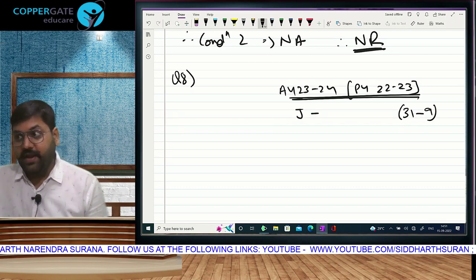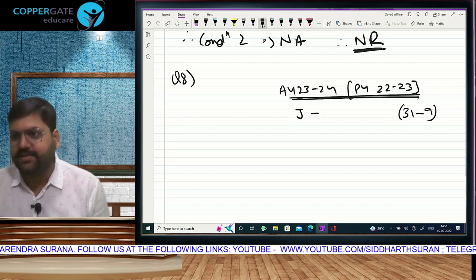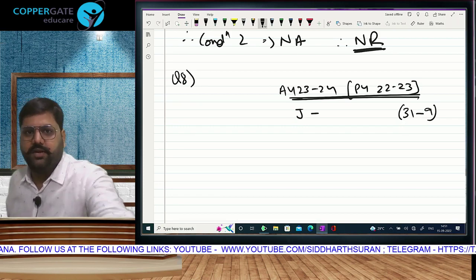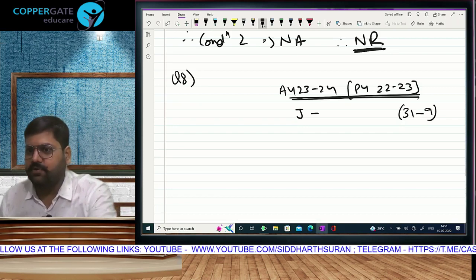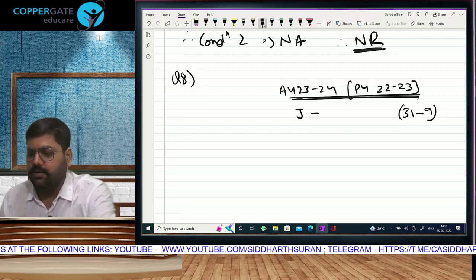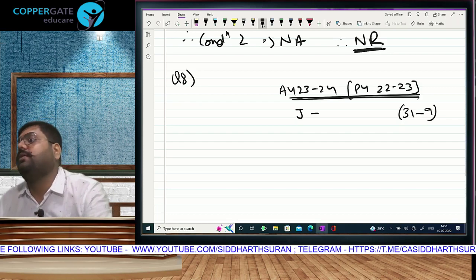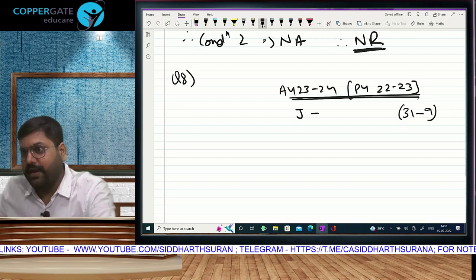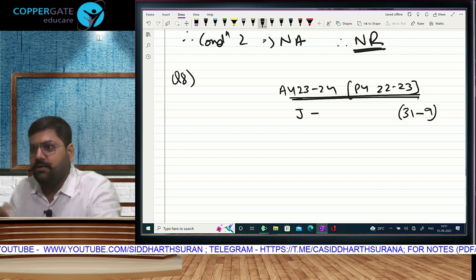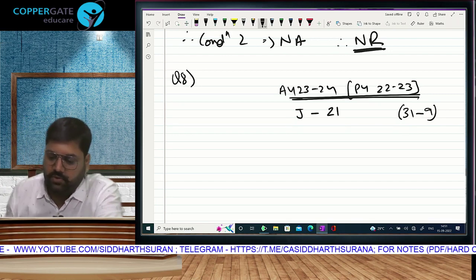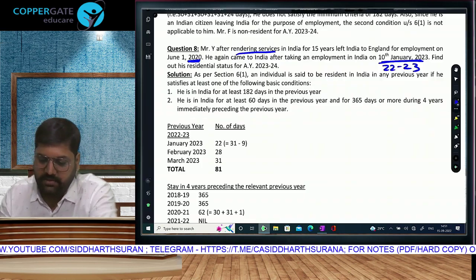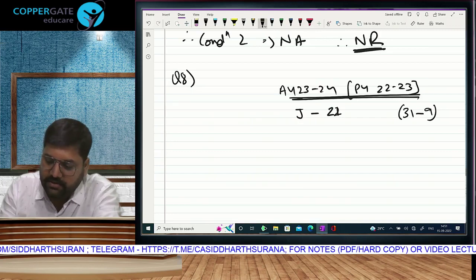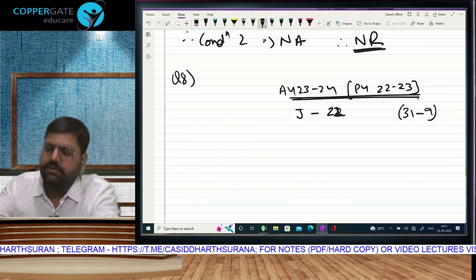Because the day of entry has to be considered as stay in India. The date on which he came to India, will that be included or excluded? Therefore we will subtract only 9 days. You have excluded the 10th and counted 21, but the 10th has to be included. So 22 days in January, because we are excluding only 9 days.